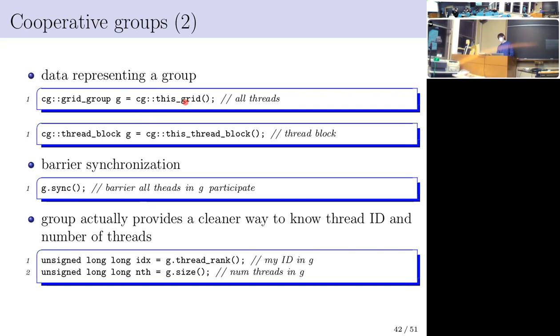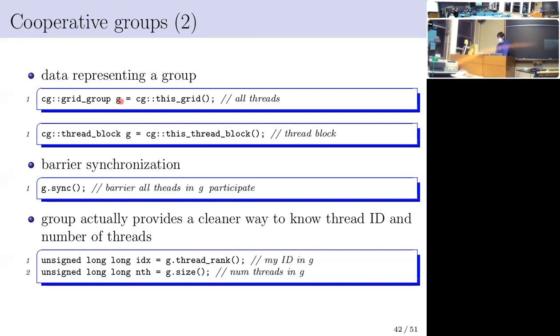this_grid. So you get some data structure representing the entire grid, so all threads, or this_thread_block to get the data structure representing the thread block you are in.